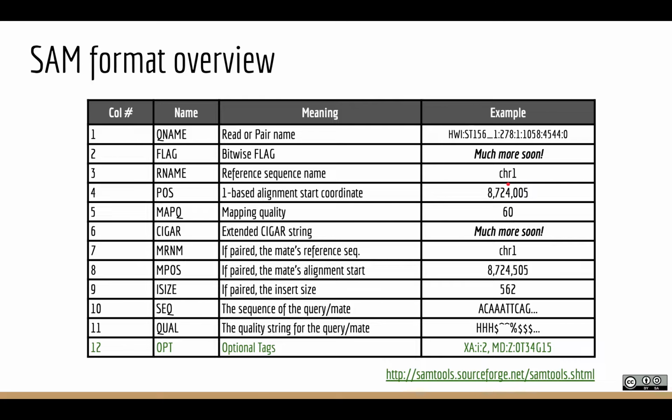This is saying that one 5' end of that sequence aligned to chrome 1 8724005, and the other 5' end aligned at chromosome 1 8724505. So roughly, how big is this fragment? Yeah, about 500 base pairs, right?